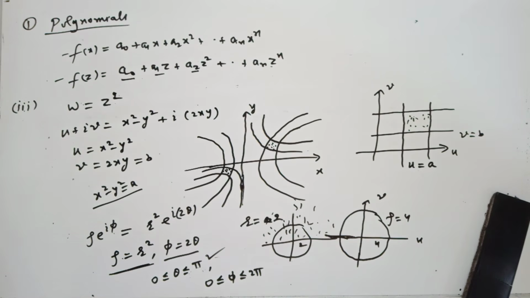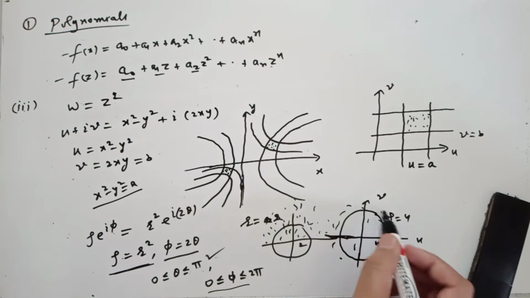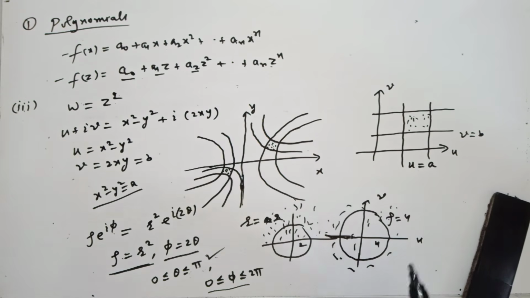You are familiar with the polar system, right? This is the geometrical region represented by 0 to pi in the xy plane. In the UV plane, it is the whole complex plane. So the thing is that under this mapping, the upper half of the xy plane is mapped into the whole complex plane in the UV plane, right?